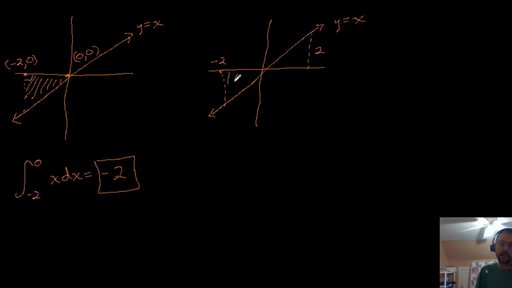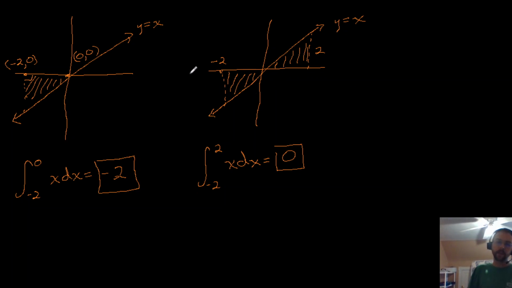If you're finding the area of both of these together using integration, what you're going to find is that the solution is actually 0. So the integral from -2 to 2 of x dx equals 0. And the reason is because this is a -2 and this is a +2. You add them together, you get 0.